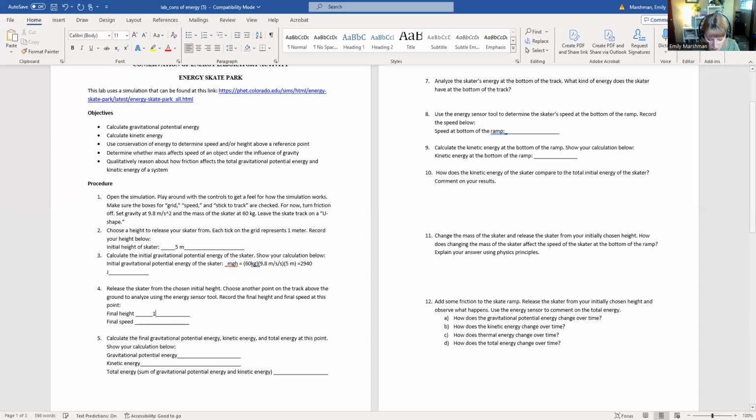She was at 1.69 meters and her speed was 8.03 meters per second. So number 5 says calculate the potential energy and the kinetic energy at this point. At that point, her gravitational potential energy, mgh, is going to be her mass, 60 kilograms, times 9.8, times her height at that point, which was 1.69 now.